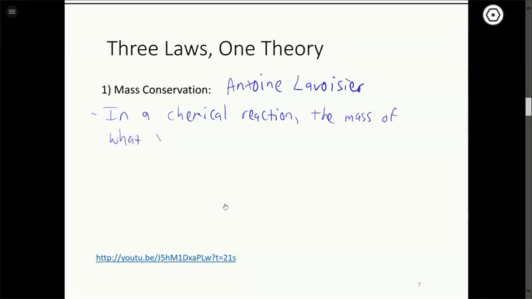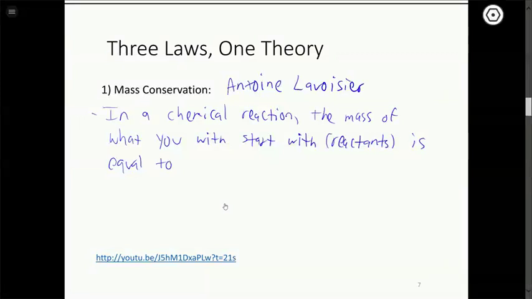As we talk in more detail about chemical reactions in a little bit in this course, the substances that you start with in a chemical reaction are often referred to as reactants. Those are the things that you're reacting with each other. The mass of those reactants in total is equal to the mass of what you end up with, the mass of what forms.